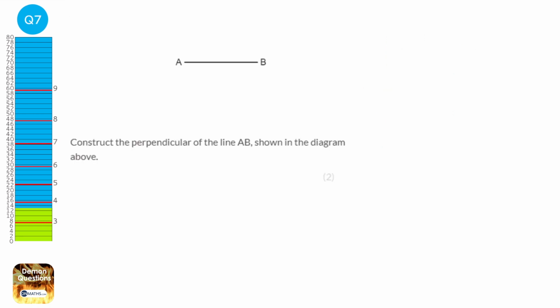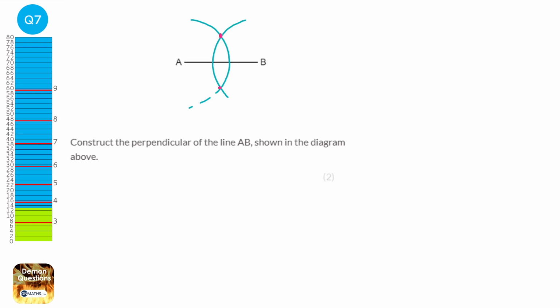There's a very specific way to draw a perpendicular from a line. What you do is you get a pair of compasses and measure roughly 3/4 of the way between A and B, and draw an arc from point A. And we're going to draw an arc from point B. And you can see that the two arcs intersect here and here.